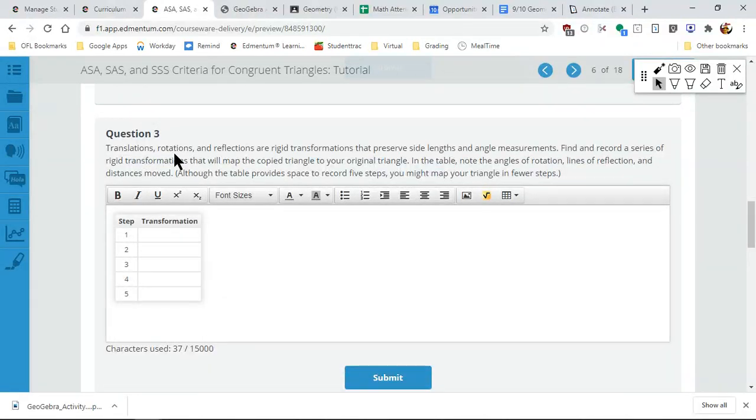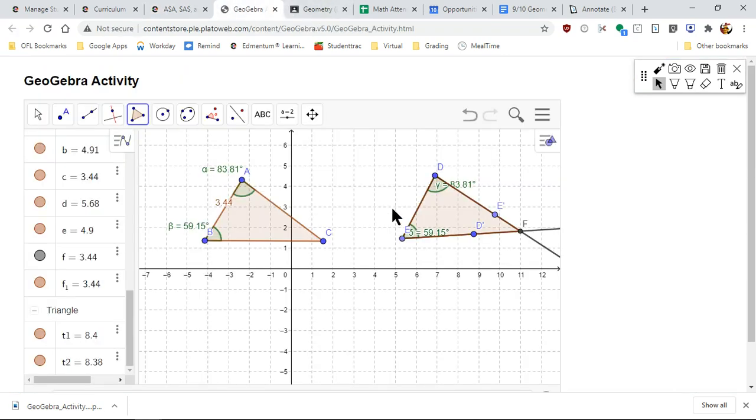So translations, rotations, reflections preserve lengths and map the points copied. I'm going to try to describe what I'm doing here. Again, I don't want you to be very specific because these are very exact movements. For example, the first thing I notice is that it's a little off, so I might have to rotate it.